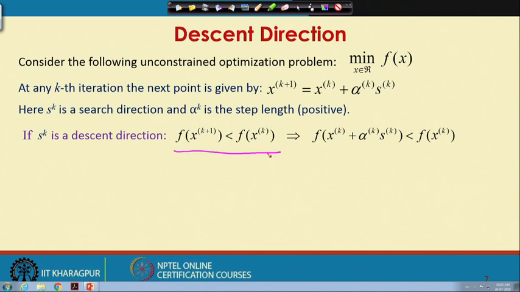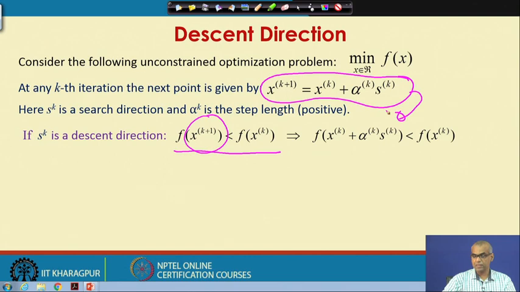We know x k plus 1 is x k plus alpha k s k. So, you can substitute this here and we write f of x k plus alpha k s k is less than f of x k, if s k is a descent direction.